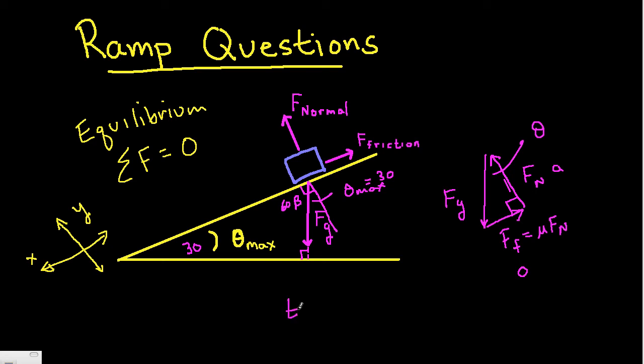So tan theta is equal to opposite, which is mu Fn, over adjacent, which is Fn, and we get that the tan of the angle is equal to the coefficient of friction. A very cool and elegant result.